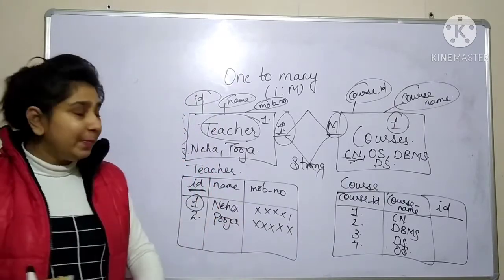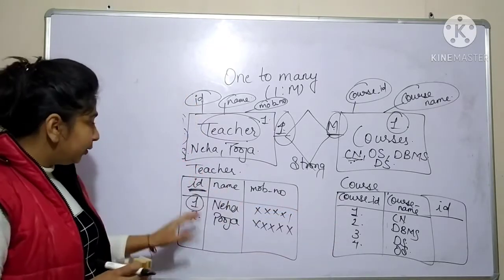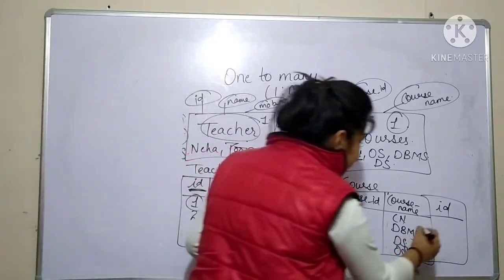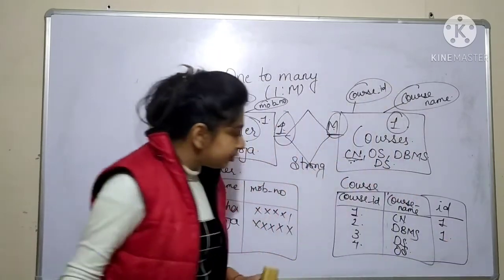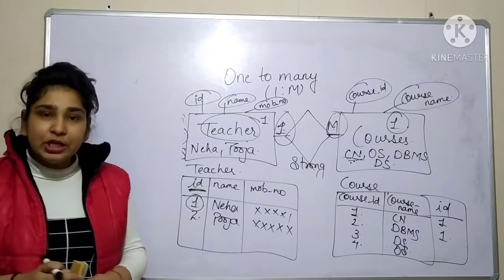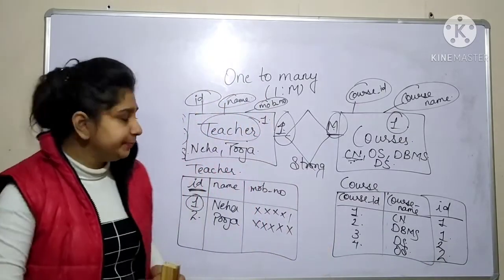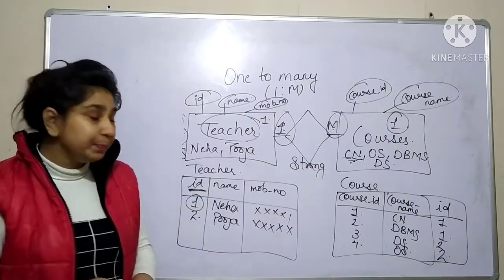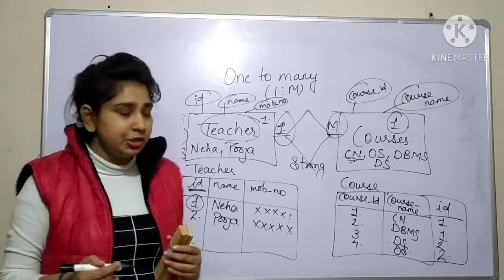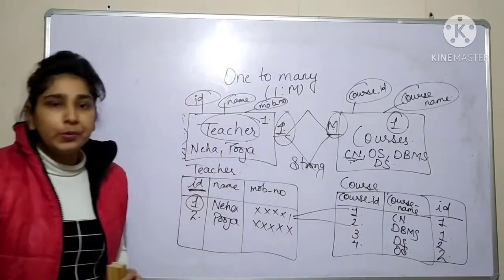When we establish the relationship between these two tables, we will get to know which teacher is teaching what course. So this teacher Neha is teaching these two courses, computer networking and DBMS. This teacher Pooja is teaching data structures and operating system. So now we actually have a one-to-many relationship. Neha is teaching 2 courses.